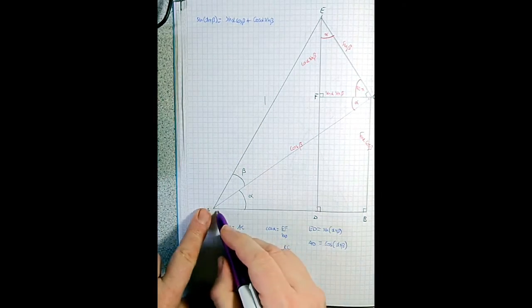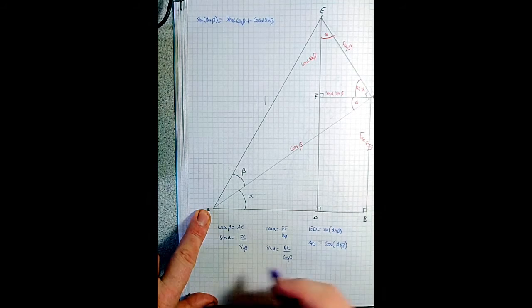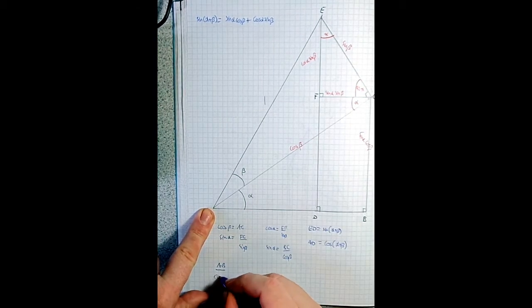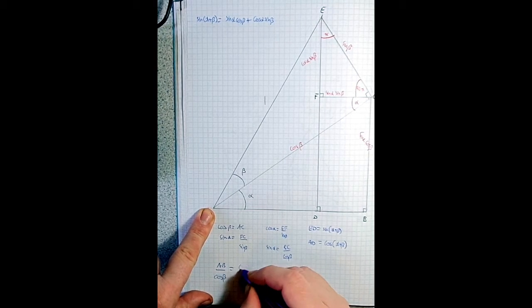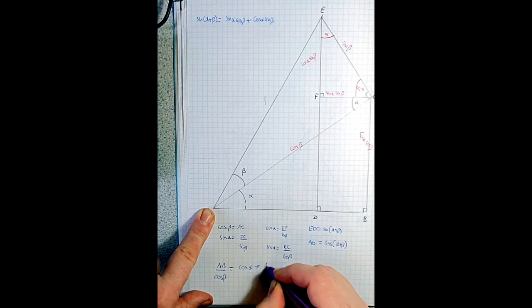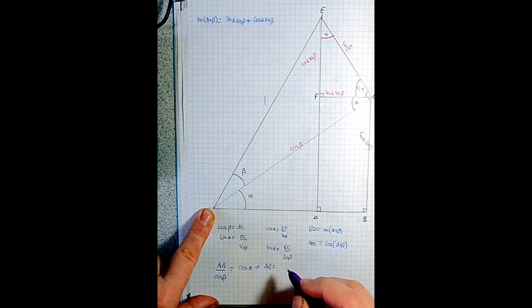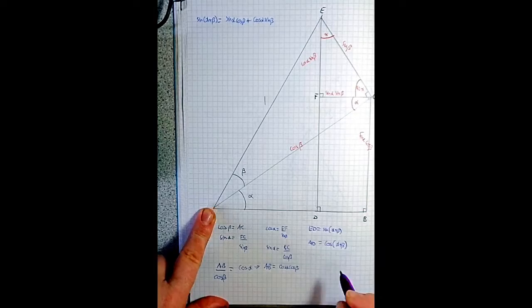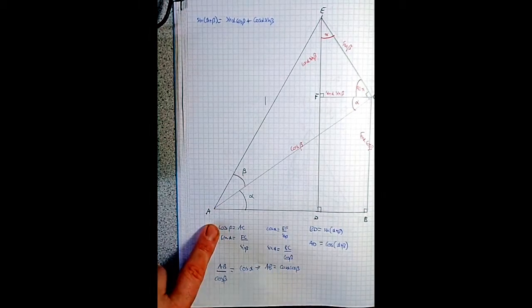Sorry, AB over the hypotenuse, cos beta is cos alpha, so AB is cos alpha cos beta. So the whole length is cos alpha cos beta.